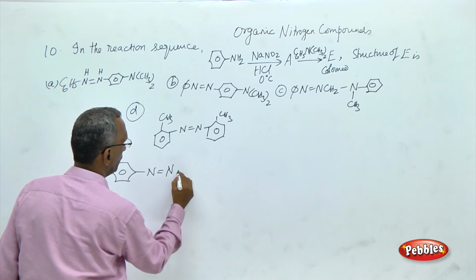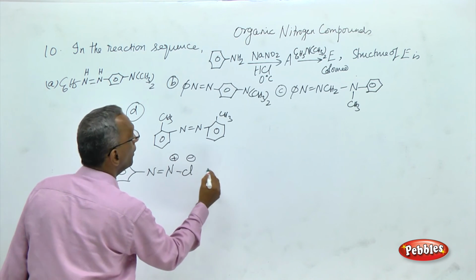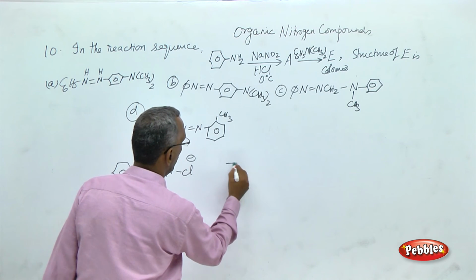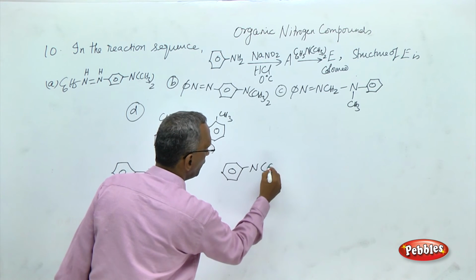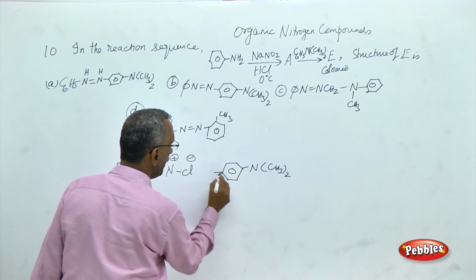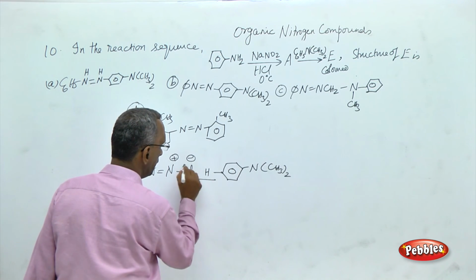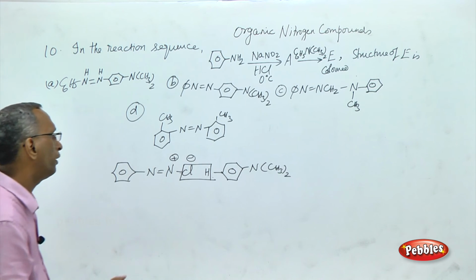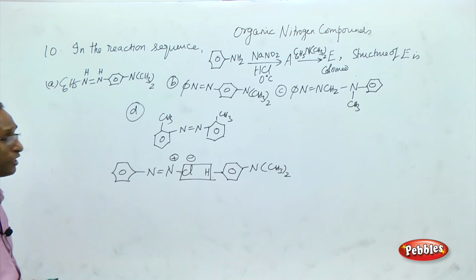It couples. Diazonium chloride means N+ Cl-. The coupling partner is C6H5N(CH3)2. Already we have seen that during coupling, the benzene hydrogen is removed to give the para substituted product, which is the most stable.